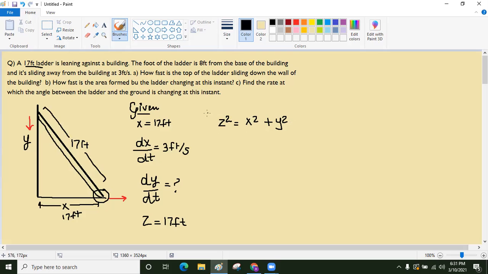And the idea is that when we apply this formula to an instantaneous scenario, we're going to end up taking the derivative of both sides of this equation and every single component implicitly. And after doing so, we'll be left with dy over dt, and I'll show you that shortly.